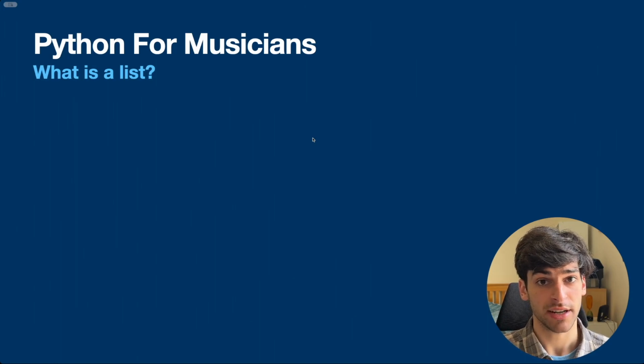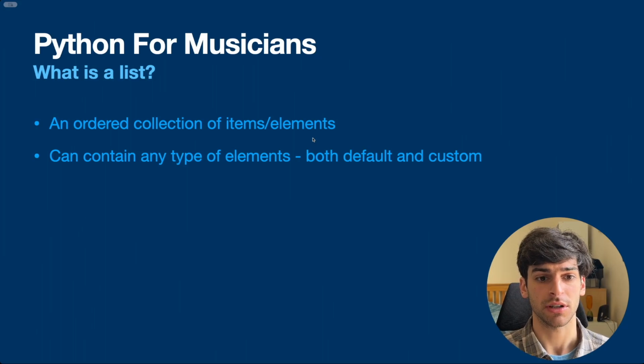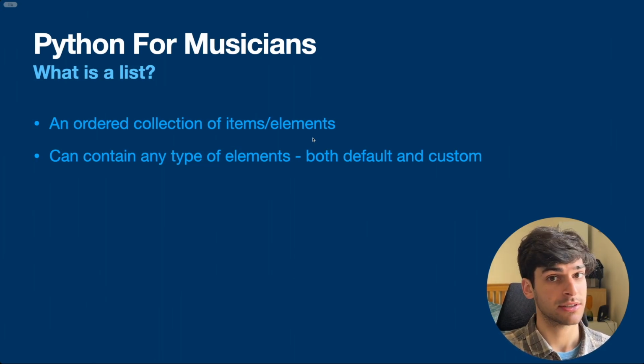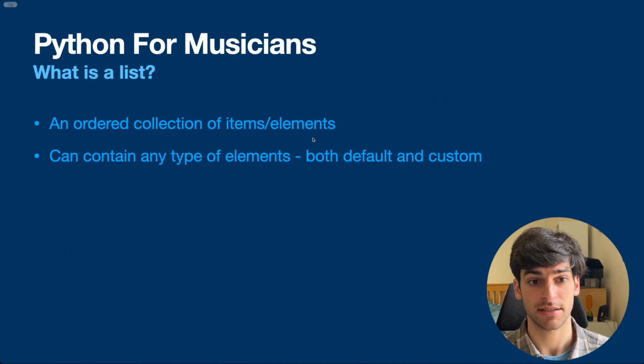So diving straight in, what is a list? Well, at the most fundamental level, it is an ordered collection of items. To your computer, what that means is it's a type of data that can hold other types of data. It can even contain another list.